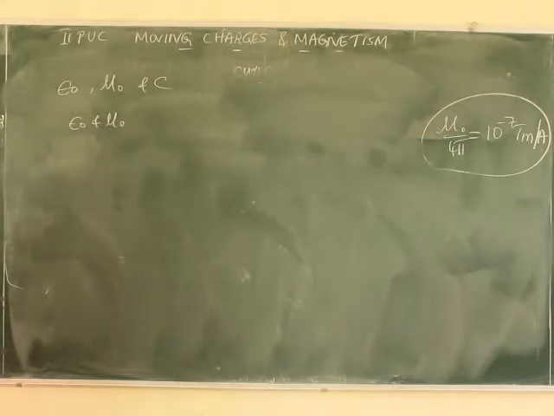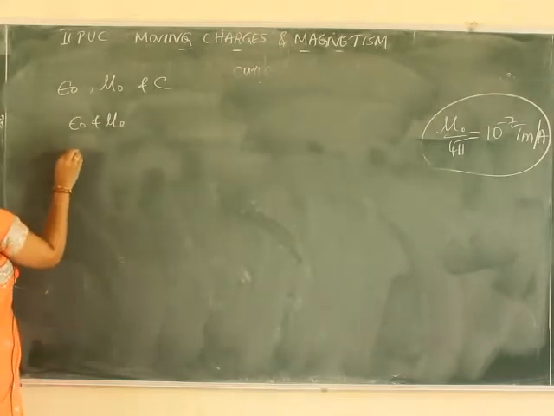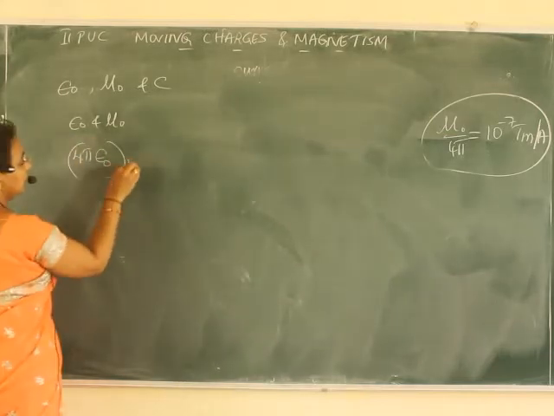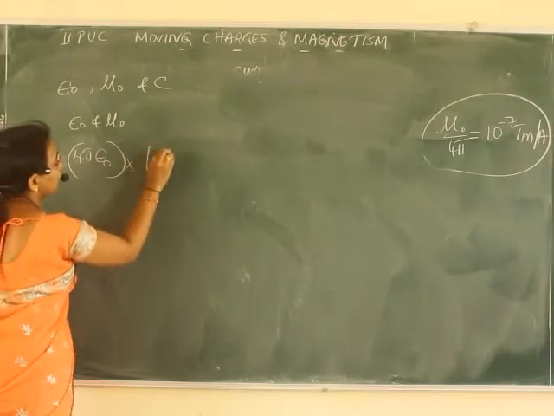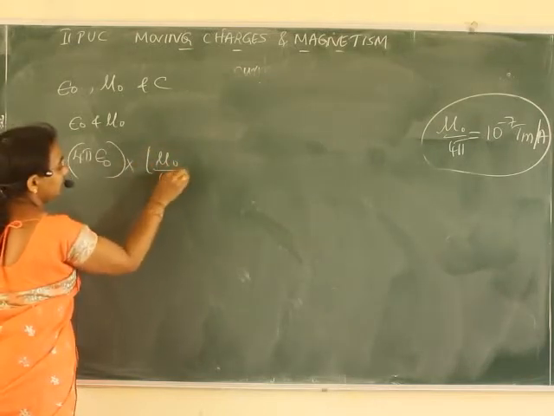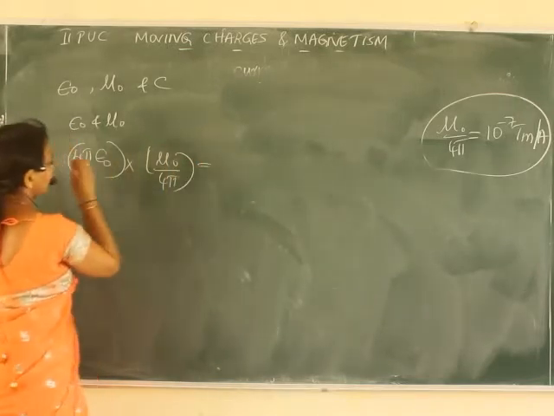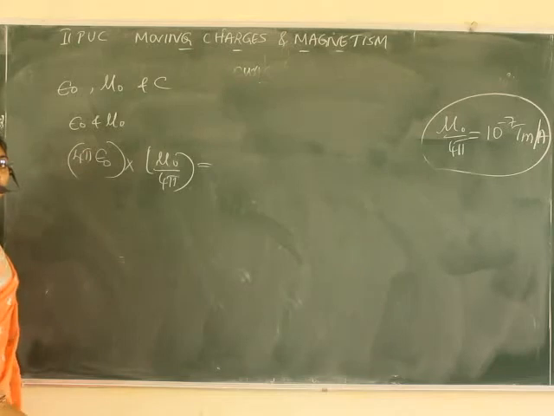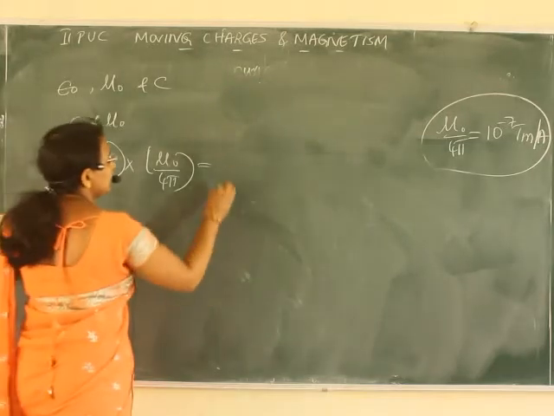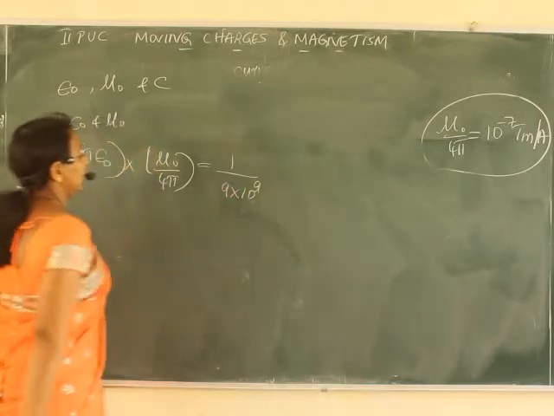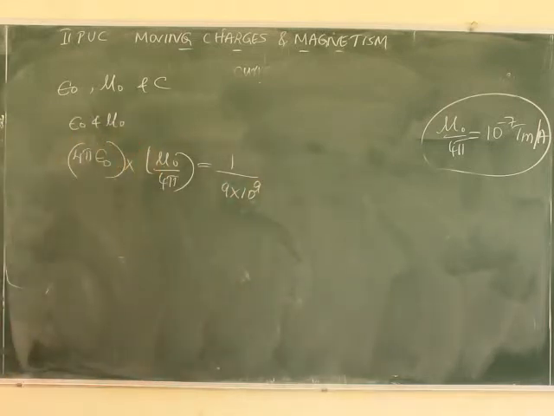Epsilon naught we will write as 4 pi epsilon naught in terms of Coulomb's law, correct? 4 pi epsilon naught into mu naught by 4 pi. What is the value of 4 pi epsilon naught? It is 1 by 9 into 10 to the power 9.